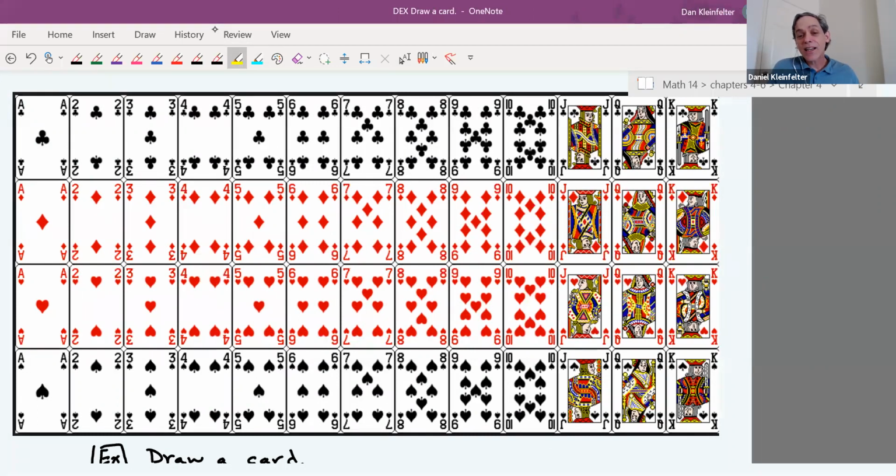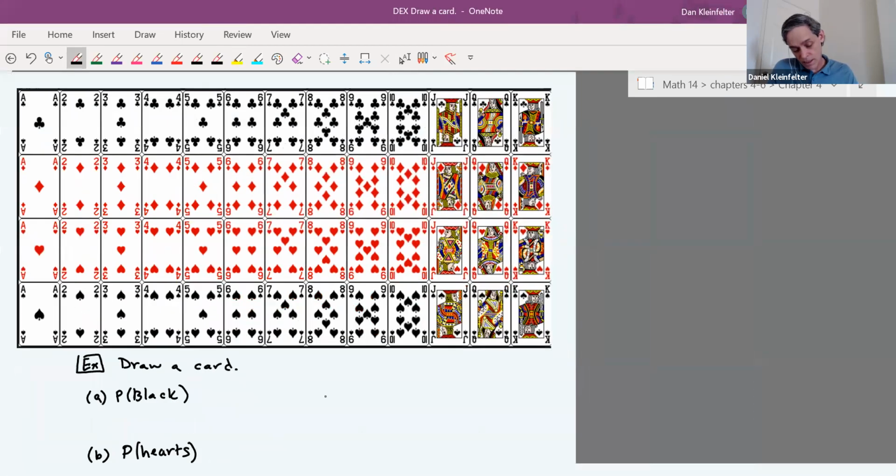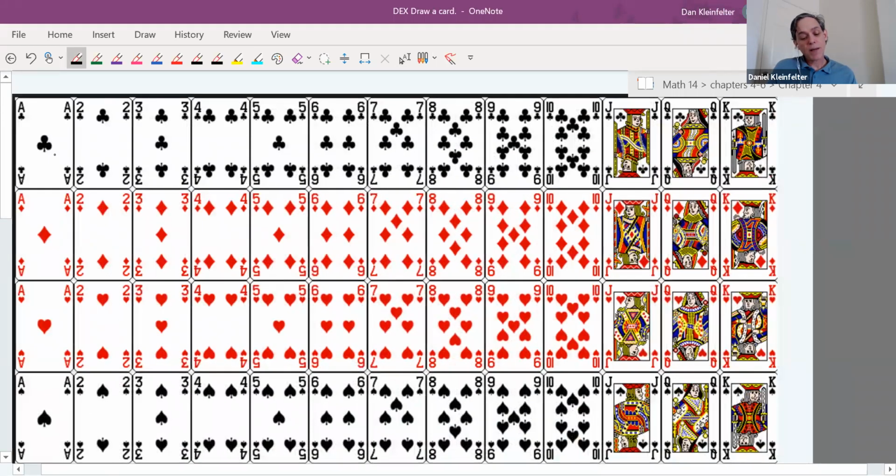They're organized into 4 groups called suits, just like a suit of clothes. The uppermost one here is clubs, then diamonds, hearts, and then finally spades. Out of the 4 suits, 2 are black and 2 are red.